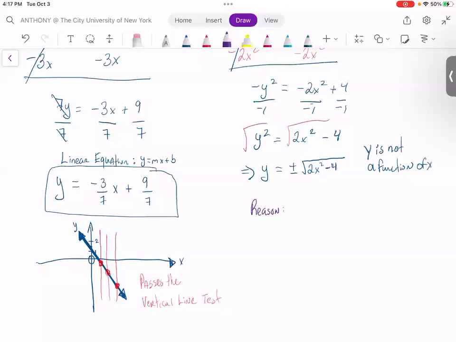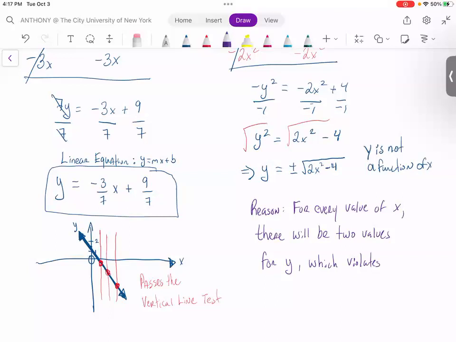We can say that for every value of x, there will be 2 values for y, which violates the definition. So definition, I abbreviate as DEFN, definition of a function.